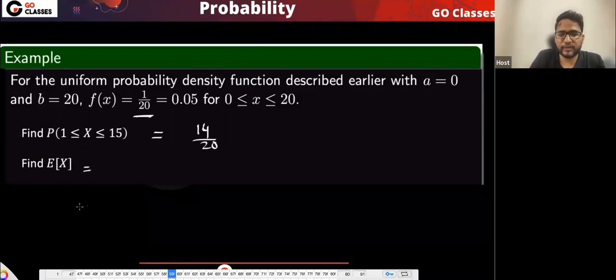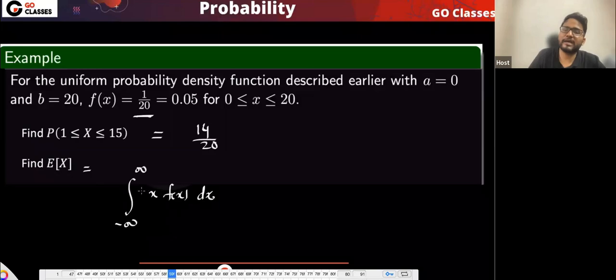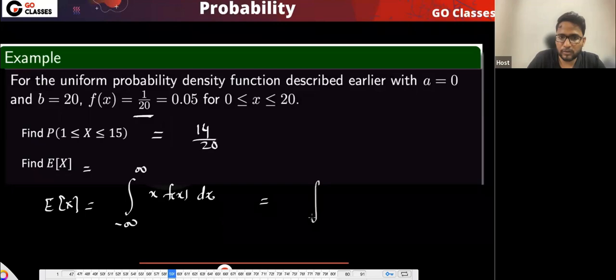And what is this expectation? We have not calculated expectation for any continuous random variable until now, so let's do it for the very first time. The expectation formula remains the same, which is the integral from minus infinity to infinity of x f(x) dx. Earlier it was summation, now it is integration. This PDF is non-zero between 0 and 20, so the integral of x times 14 by 20 dx.